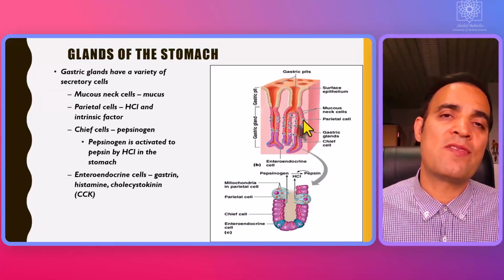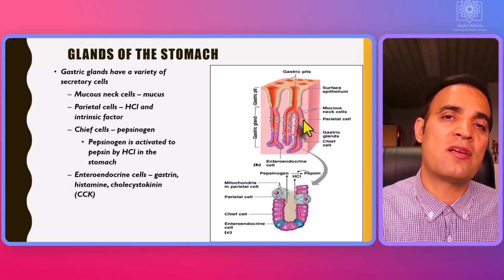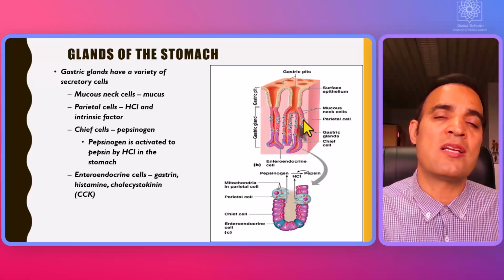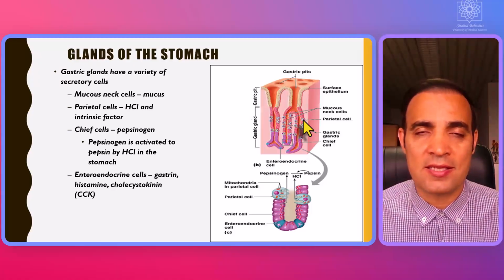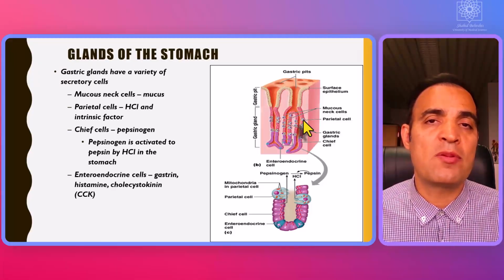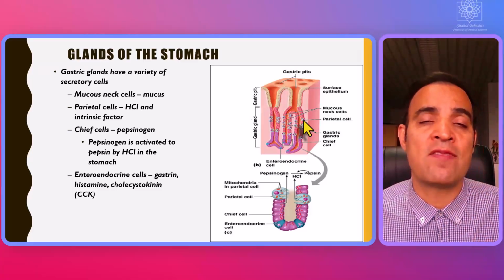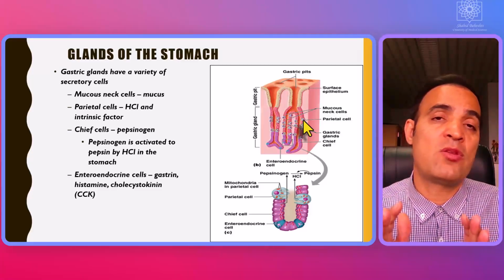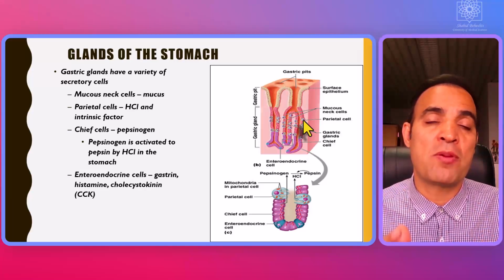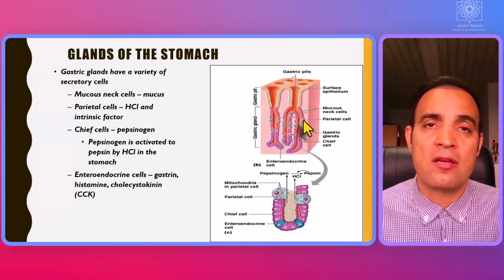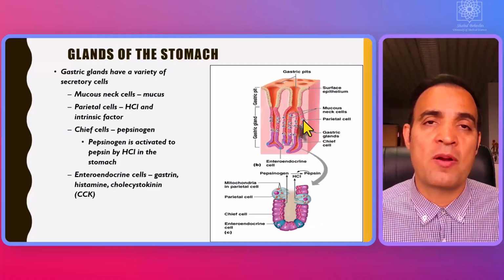Then this complex will be moved to the intestine, and inside the intestine the vitamin B12 will be absorbed. Without intrinsic factor, B12 absorption will be impaired, and therefore we have a type of anemia.